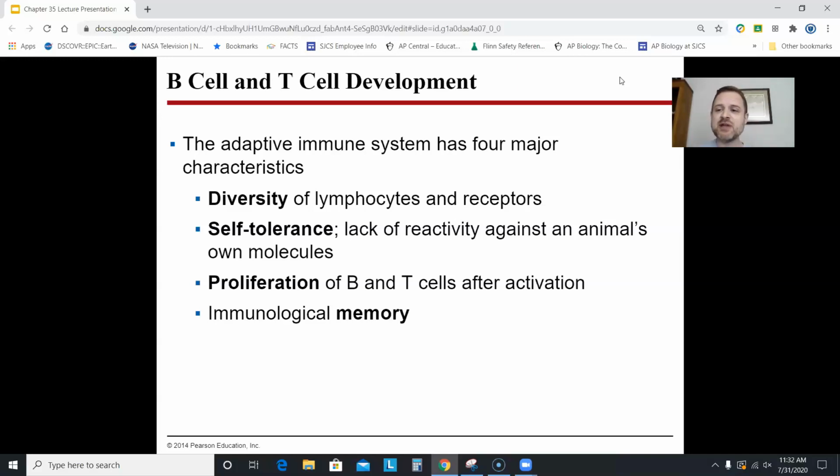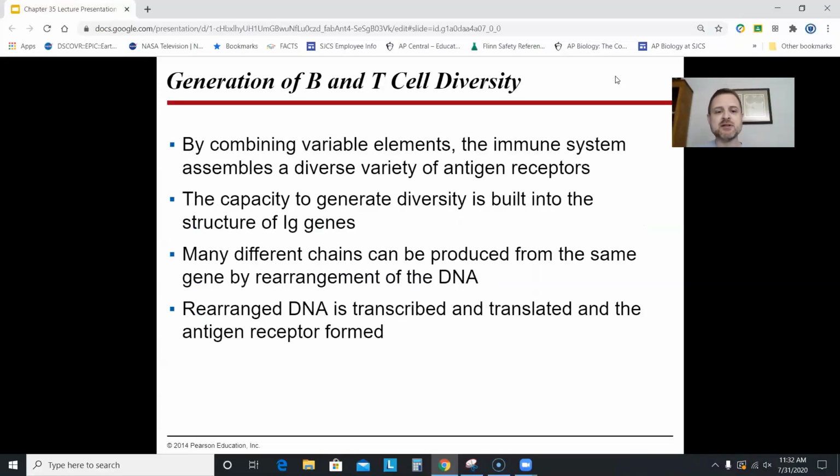And then you have what's called immunological memory, which is basically if you see an infection a second time, your body responds to it much faster than it did the first time. So let's go through these quickly. With all the different variable elements that you have for the antigen receptors, your immune system can respond to millions of different types of infections.